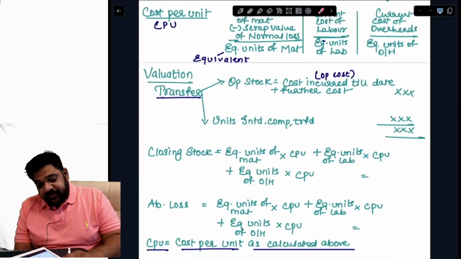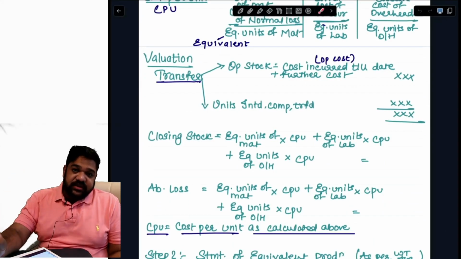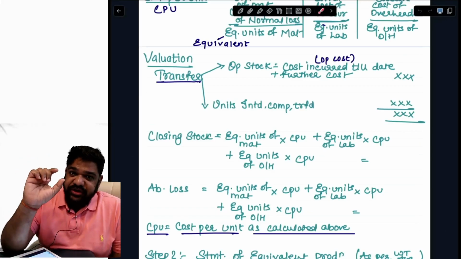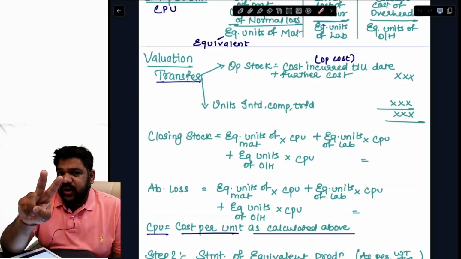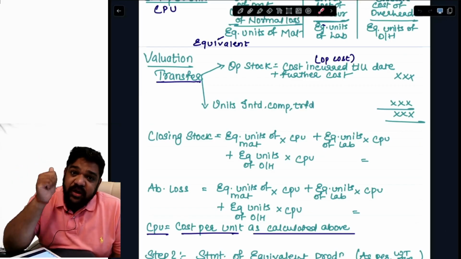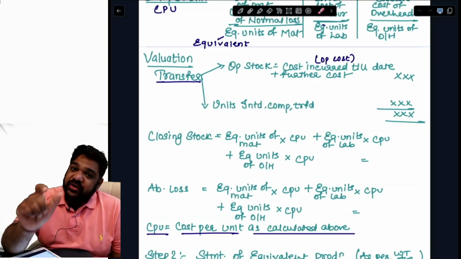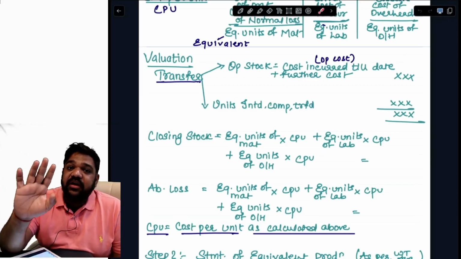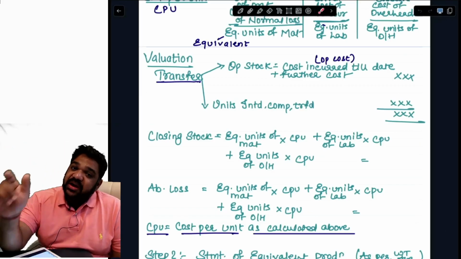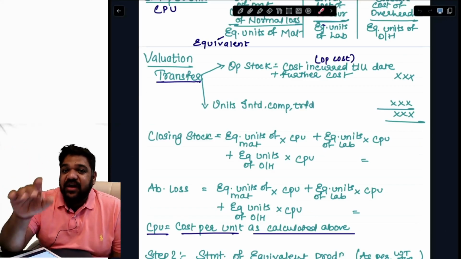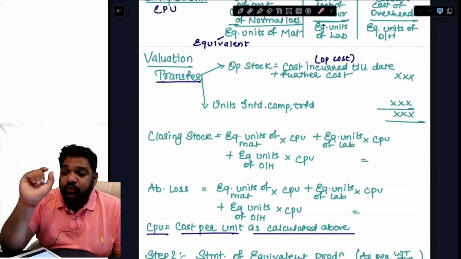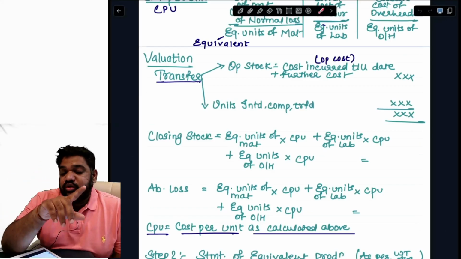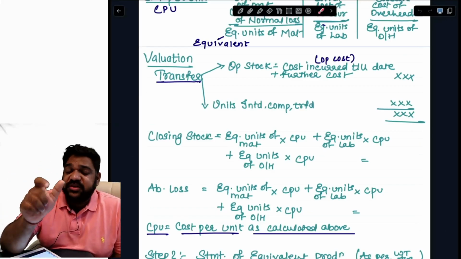Then the valuation is what you have to keep in mind for the transfer. The transfer valuation is important. Transfer is made up of two elements, opening stock and UICT. For the opening stock, we first have to add the opening cost, which is the cost we had already incurred in the past, plus whatever you have incurred in the present. So the equivalent units of opening stock into the cost per unit of the present, plus along with that you will also have to include the past cost, which is the opening cost.